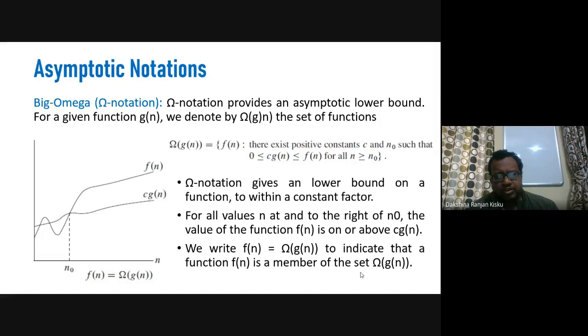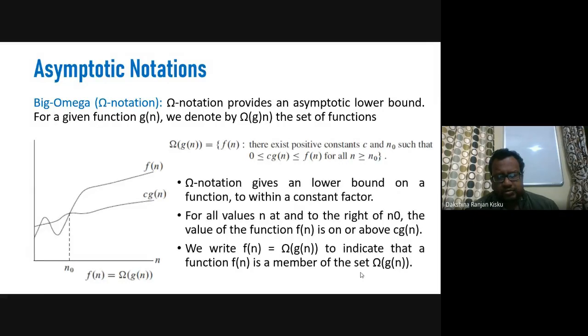The function f(n) is determined as the time function, from which we can estimate the time of the algorithm. Another function is c·g(n), which is found to be less than f(n) after some point n0 over n. Here n is the input to the algorithm, and t is the time, represented by the y-axis.